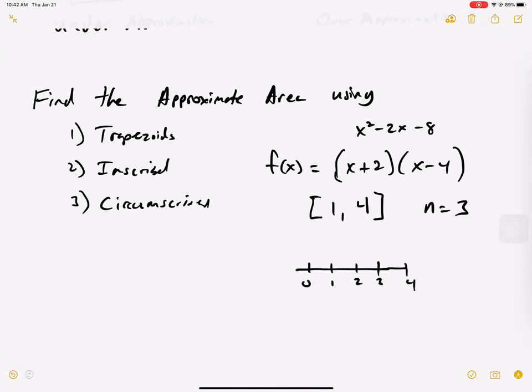We could spend all our time graphing it, but I'm not going to. I'm just going to plug in the values. If I plug in 1, what does the graph look like at 1? I'd rather plug in 1 in the factor version. 1 plus 2 is 3, and 1 minus 4 is negative 3. Wait, did I make a mistake here? The positive 4 should have been 0.